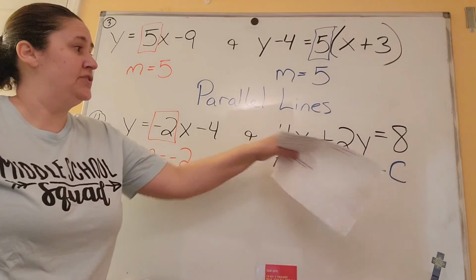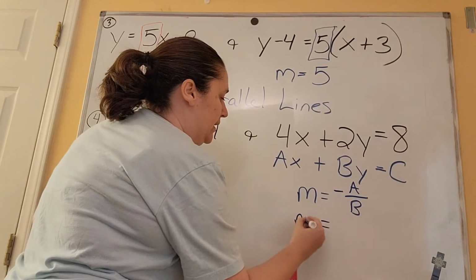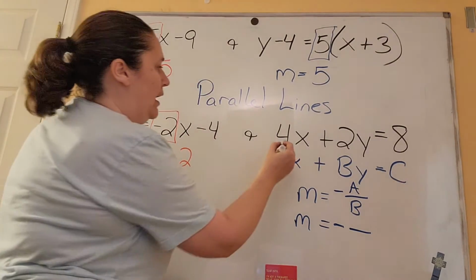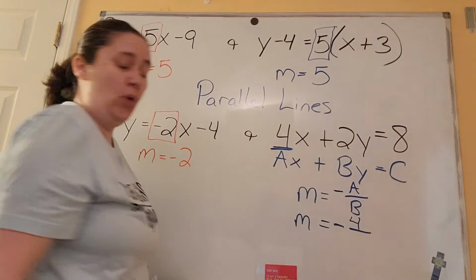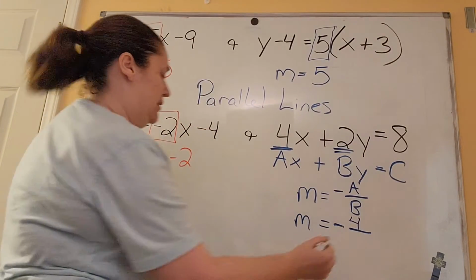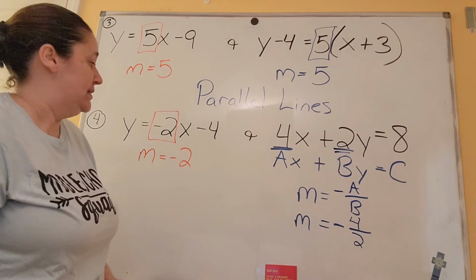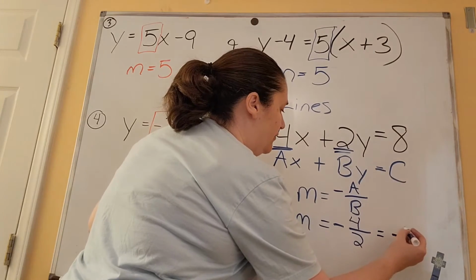So let's figure out the slope of this equation in standard form. The slope is negative. Draw a fraction bar. A is whatever sits in front of x. That's a 4. B is whatever sits in front of y. That's a 2. So the slope is -4/2, which is -2.